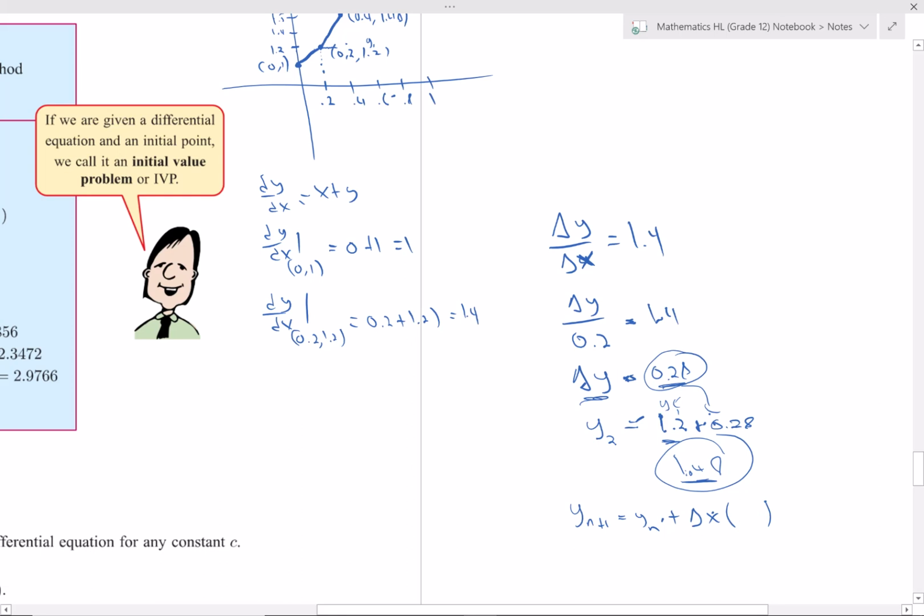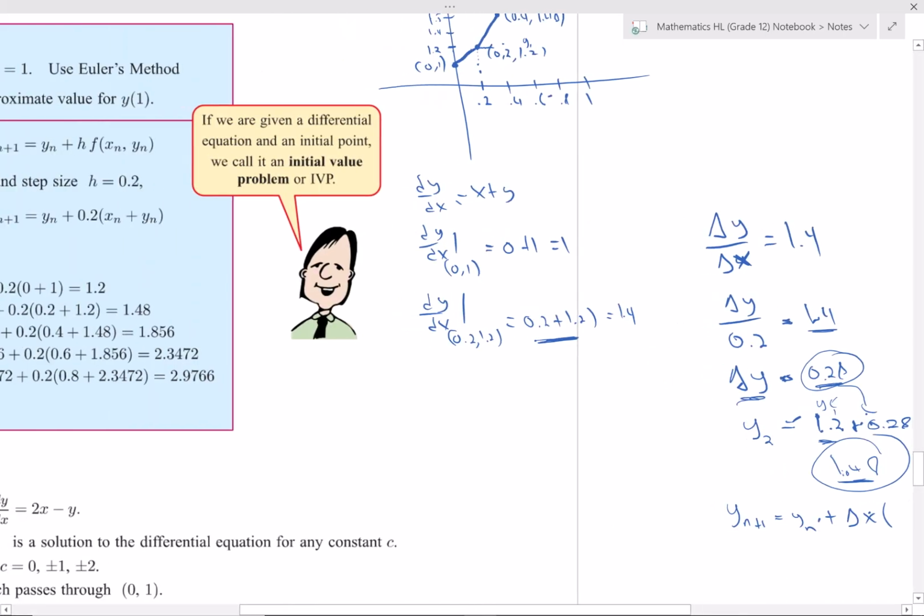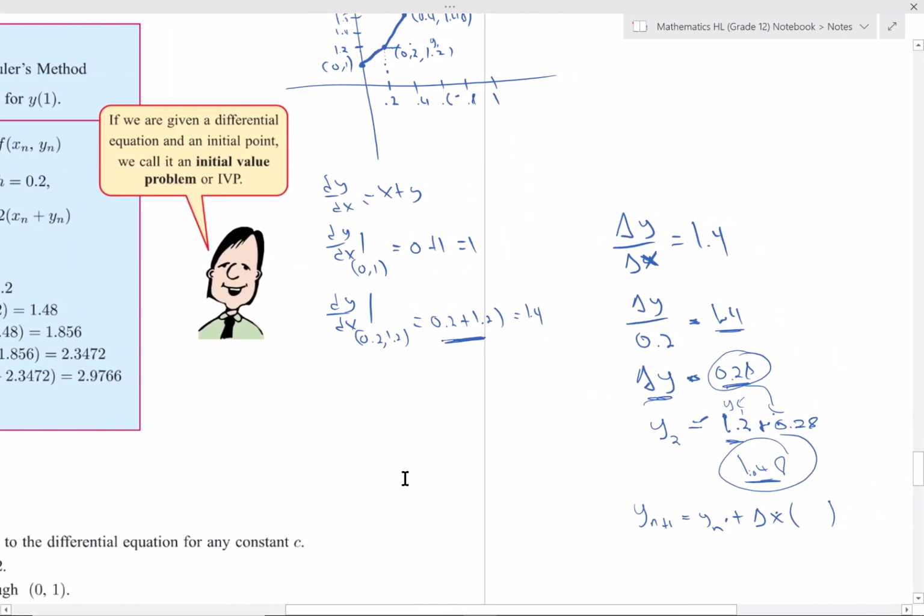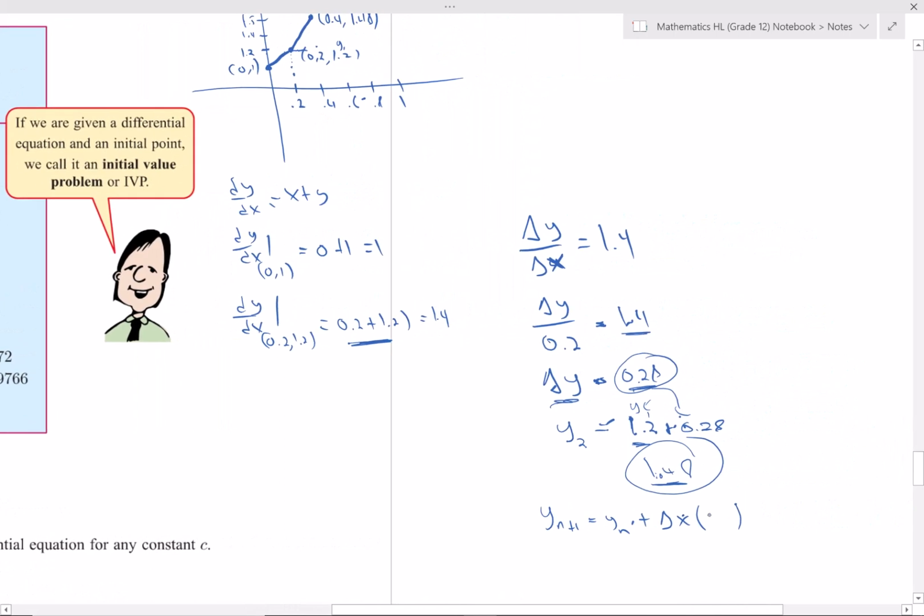We multiplied it by 1.4, which we got by adding 0.2 plus 1.2, times the slope. This was the slope, right? So this was the dy dx at that value, right?